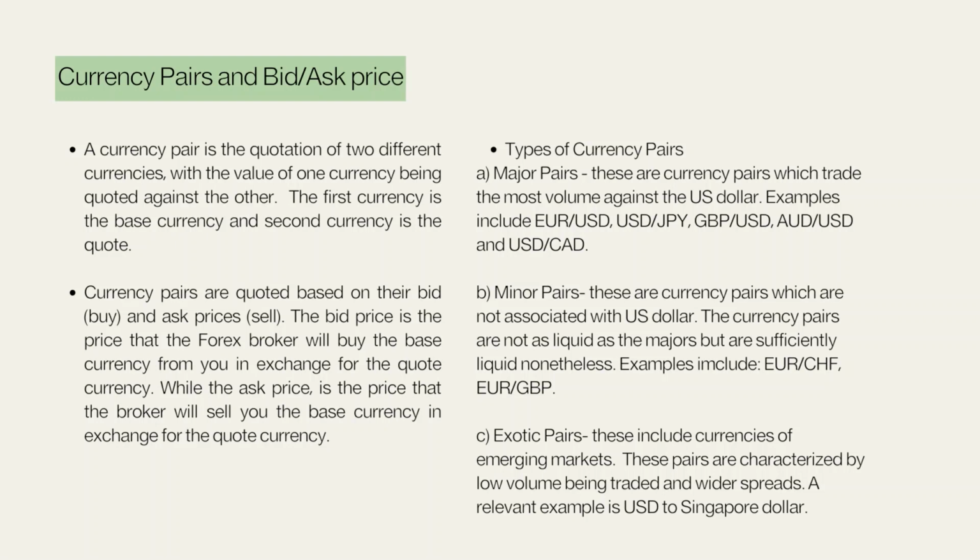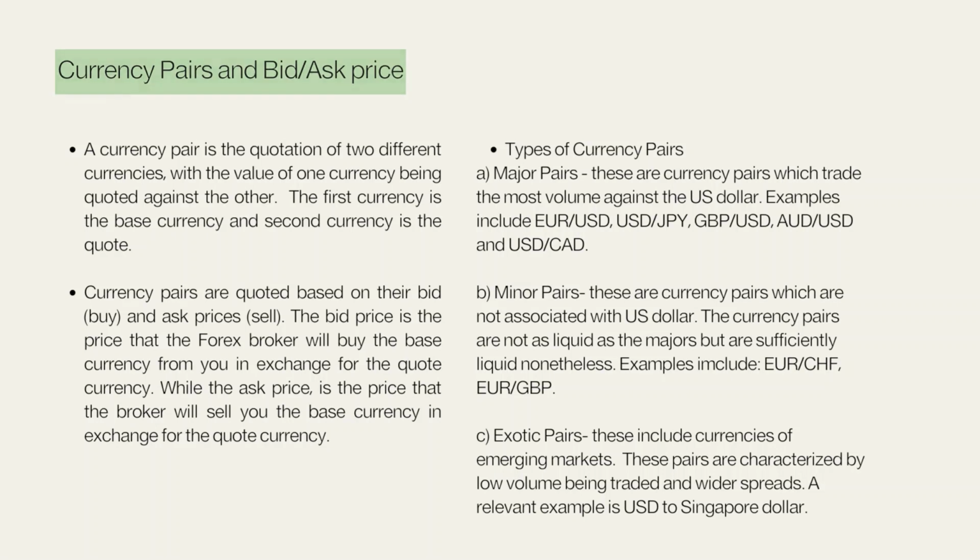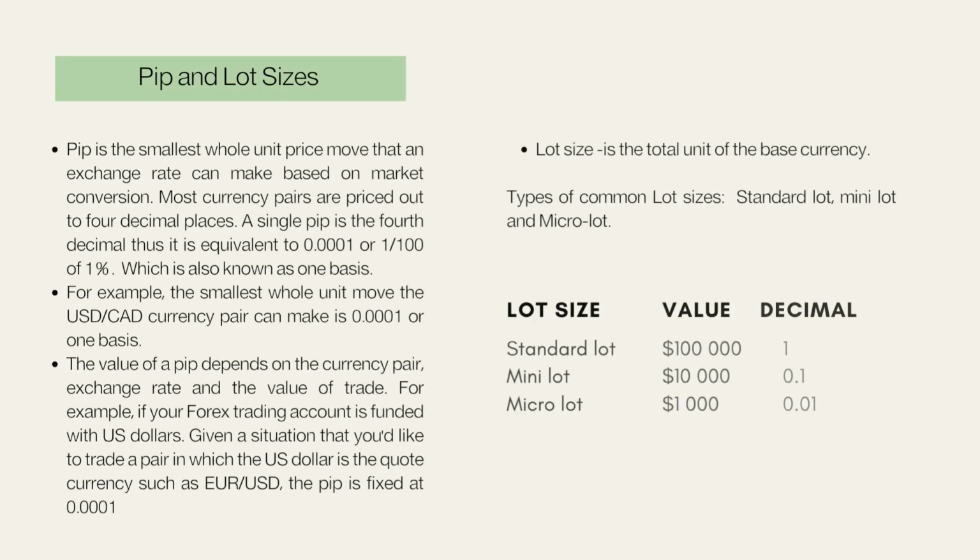For instance, the price for Euro USD might be one euro buying $1.2567. Adding the spread, the price will end up being $1.2587, including the spread.